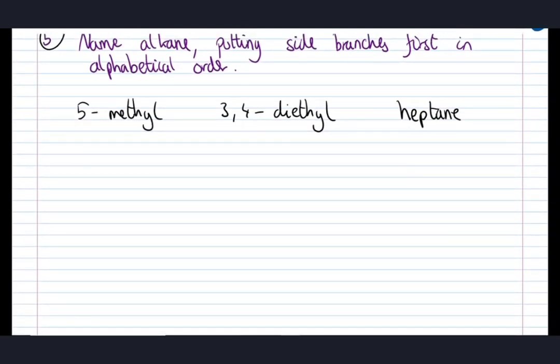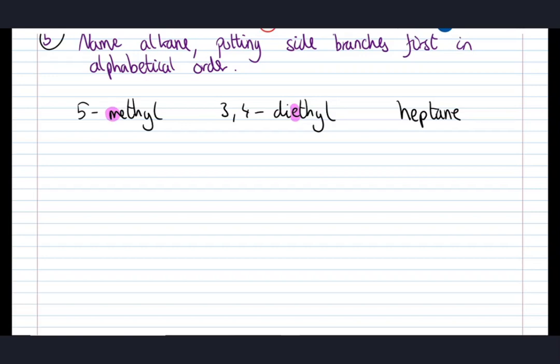A lot of students make the mistake of thinking that the alphabetical naming includes the di, tri, or tetra. It doesn't. What we're interested in for the alphabetical naming is the M and the E. So E comes first.